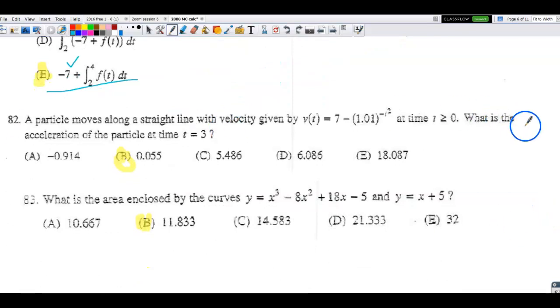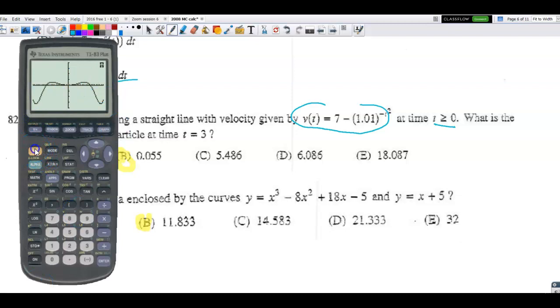82, a particle moves along a straight line with the velocity given. So we have our velocity function here. It's only valid for t greater than or equal to 0, and we're looking for the acceleration of the particle. So I'm going to go to my calculator, and I'm going to have my calculator do the work for me. I'm going to do this on the home screen. I don't need a graph to do that. So there's the home screen, and I'm going to make the calculator find the derivative.